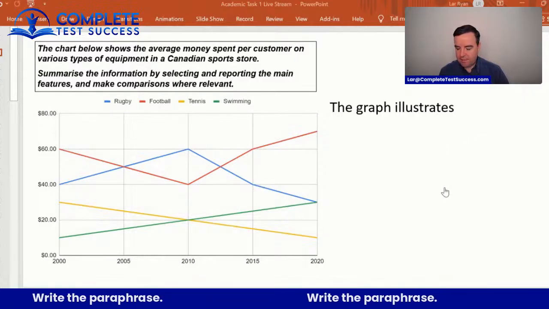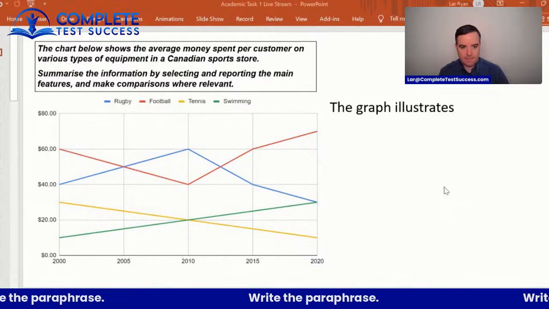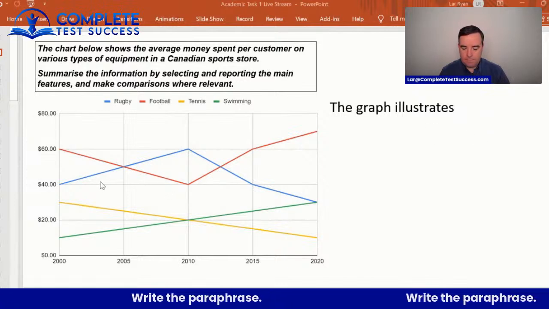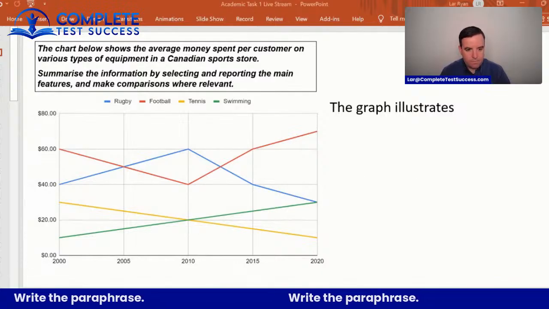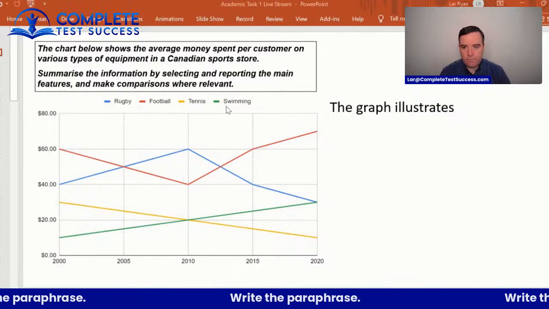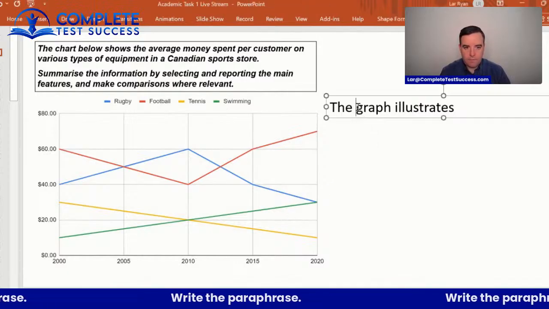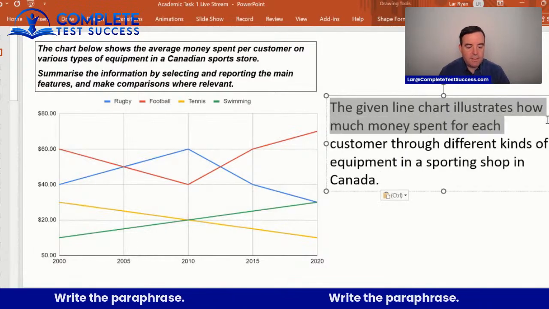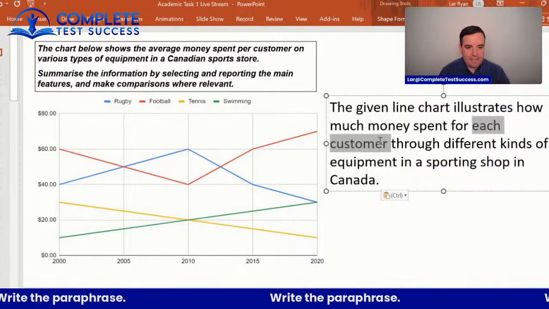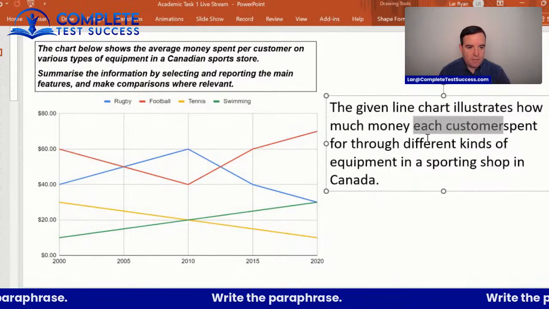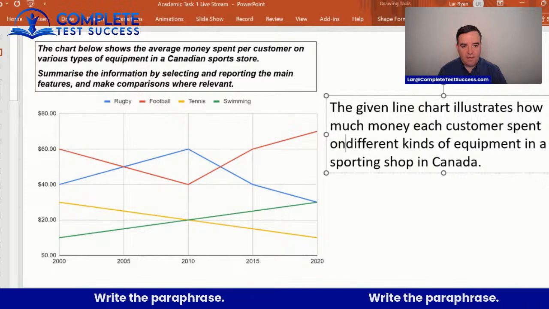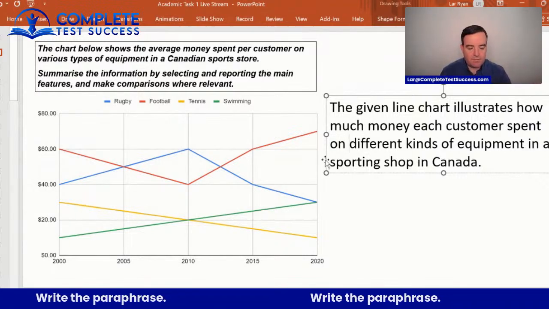So give me a moment. I'm going to copy that and paste it onto the screen here. Okay, so what we have then is the given line chart illustrates how much money, and we said we're just going to do it in an active structure, how much money each customer spent, and to spend money on something, it's always a fixed phrase like that.